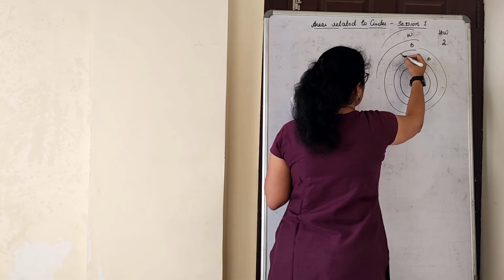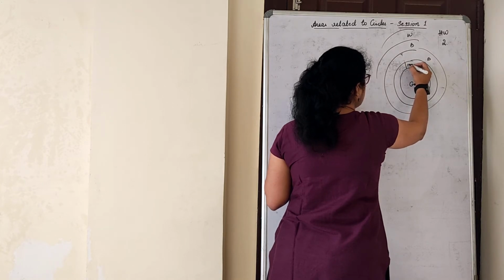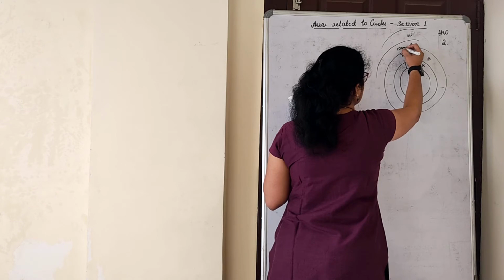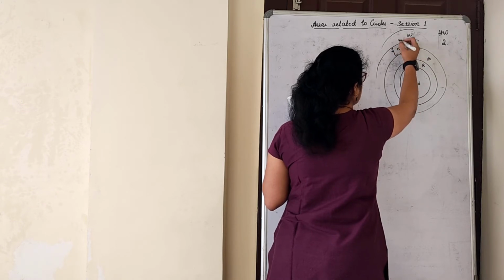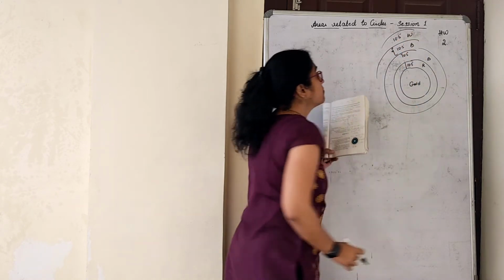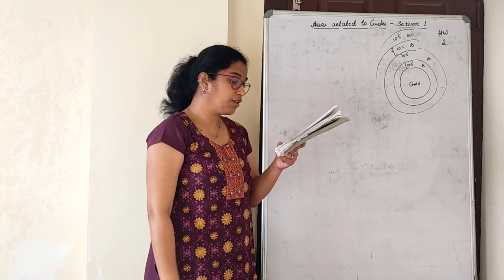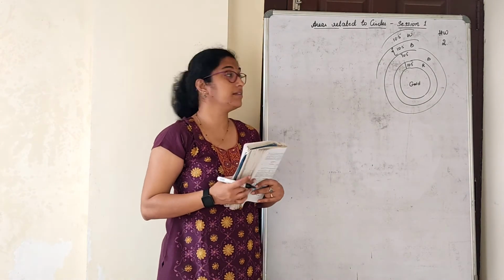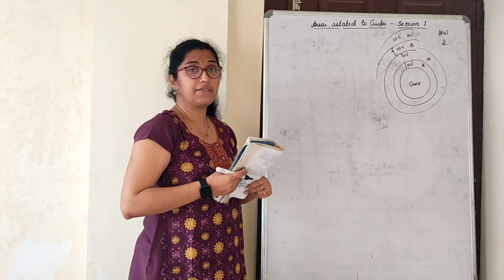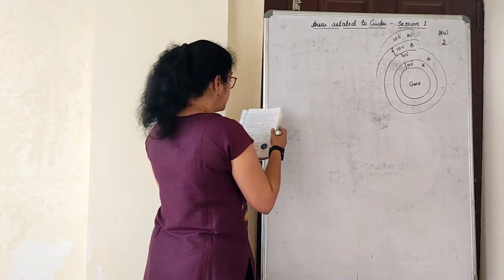So each distance here, this distance is 10.5, the width of this. Only that much is given. Find the area of each of the 5 scoring regions.